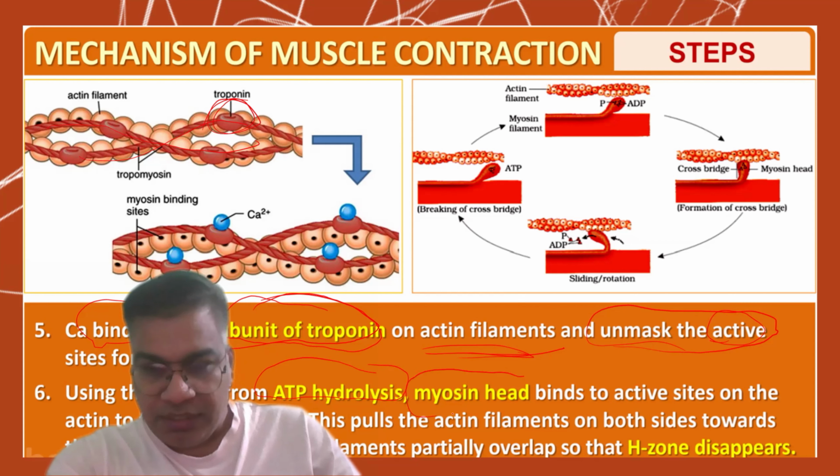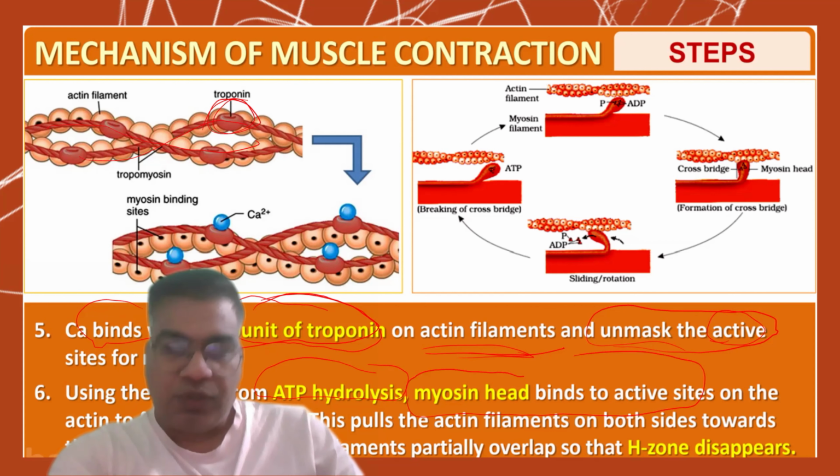The myosin head binds to active sites and forms cross bridges by this ATP hydrolysis. This generation of ATP results in movement of the myosin head.